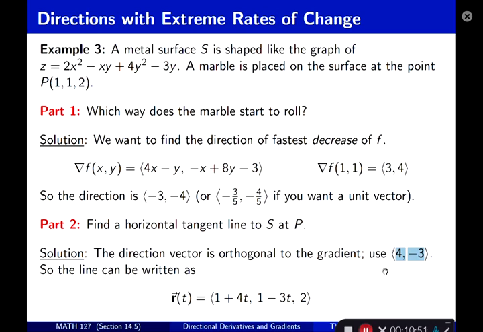So the direction vector for the line is (4, -3, 0), and you have a point on the line, (1, 1, 2). So you get the equation of the horizontal tangent line.